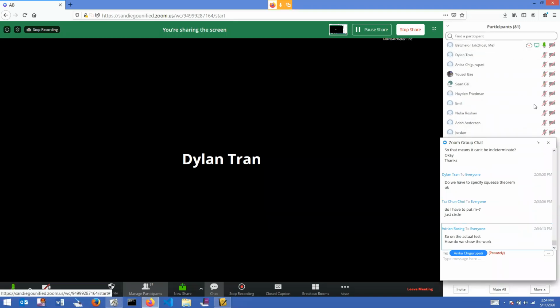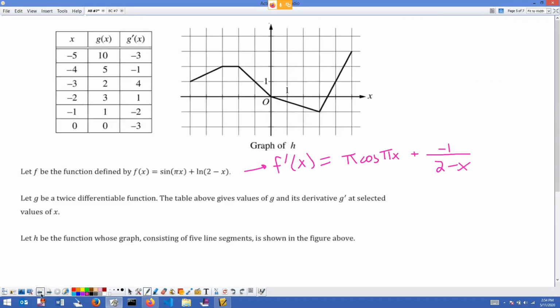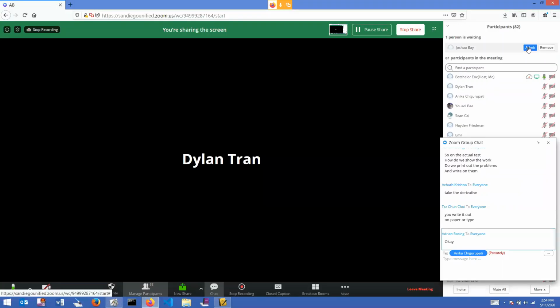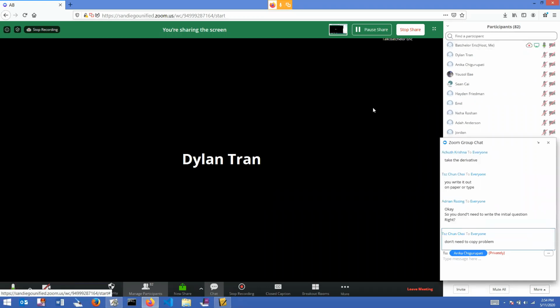So how do you show the work? I mean, you find f prime and plug in 1 and get an answer. You just do what I did. Find the derivative and then evaluate it at x equals 1. No, you don't need to write out the initial question or anything. No, just do the problem.